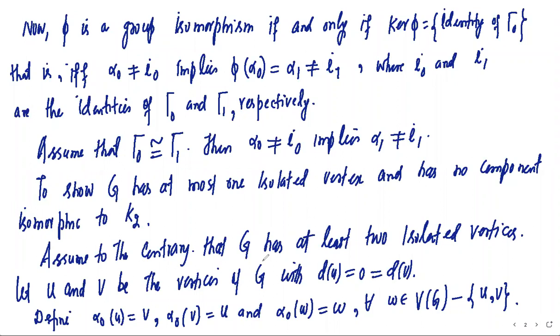But now once we have assumed that there are at least two isolated vertices, then choose any two isolated vertices from among all the isolated vertices the graph contains. Then we choose an automorphism which swaps these two isolated vertices and fixes every other vertex.